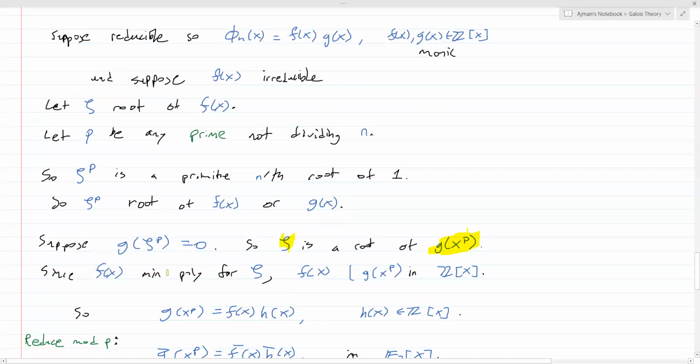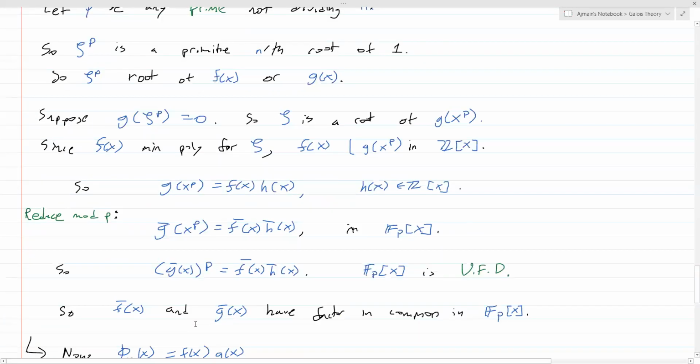By the definition of minimal polynomial, f of x divides g of x to the p, and all of these have integer coefficients, so this is division in the polynomial ring with integer coefficients. In other words, you can write g of x to the p as a product of f of x times h of x, where h is another polynomial with integer coefficients.